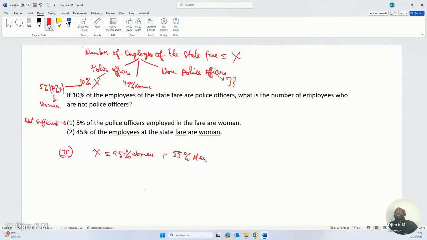But it does not tell us who are the police officers among the employees and who are not the police officers. So this also is not sufficient.